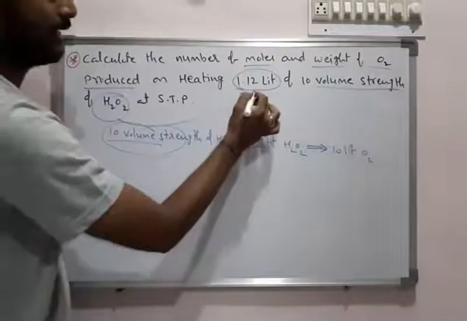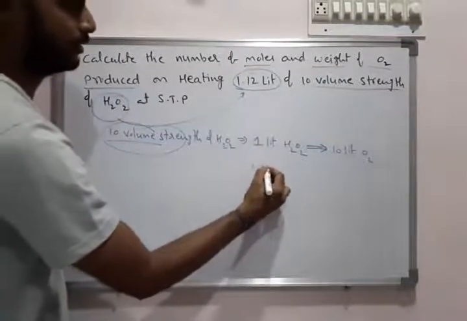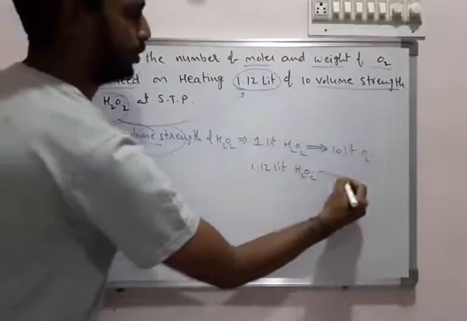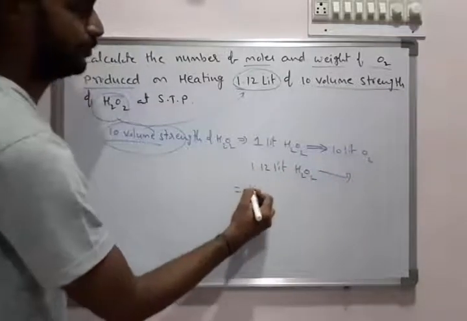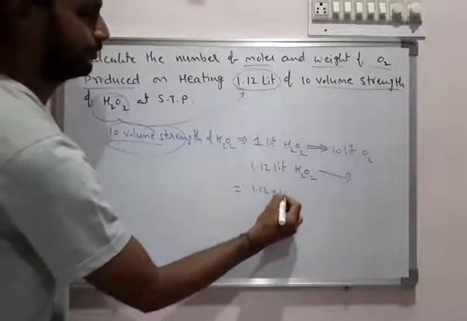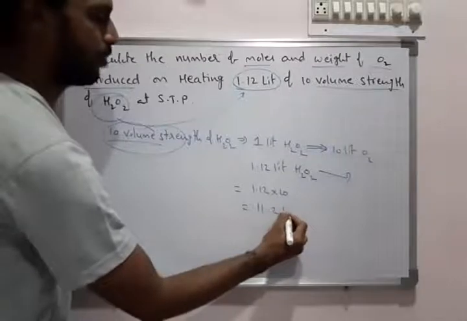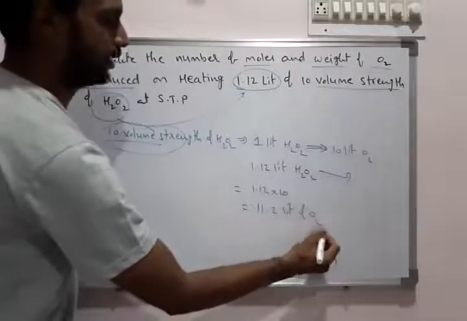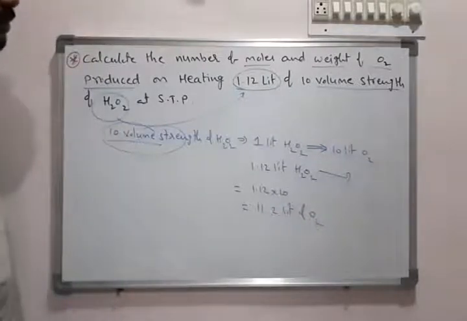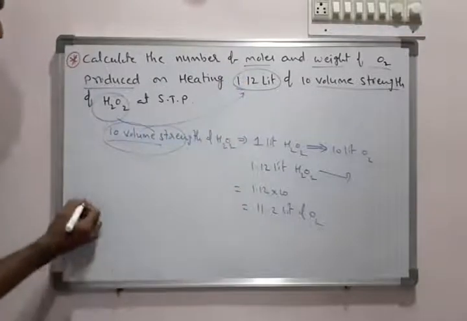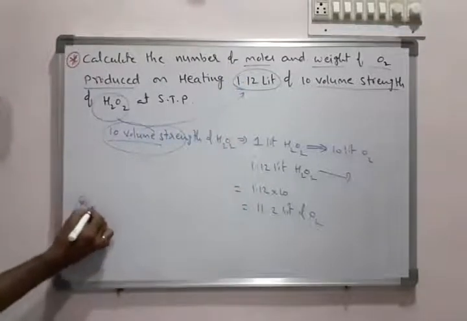But here the taken amount is 1.12 liter. So how much oxygen can 1.12 liter of hydrogen peroxide produce? That is 11.2 liter of oxygen. So the volume of oxygen produced is 11.2 liter, but we need to calculate moles. Convert it into moles.